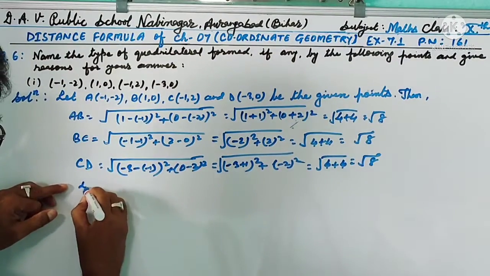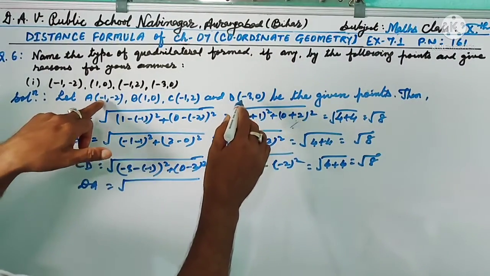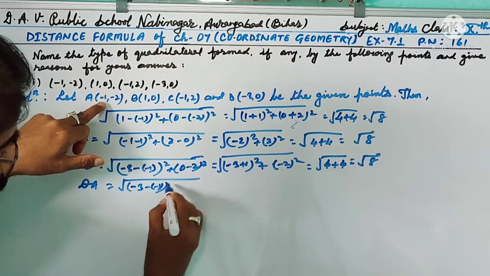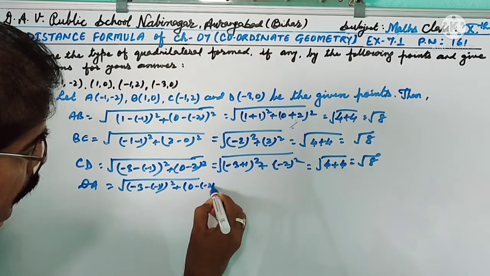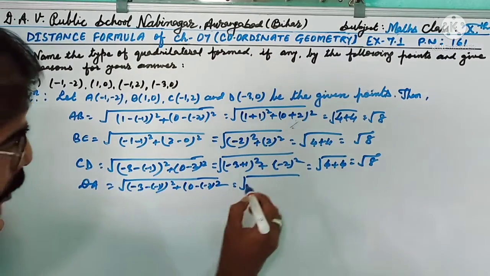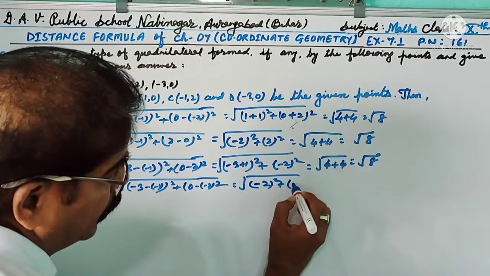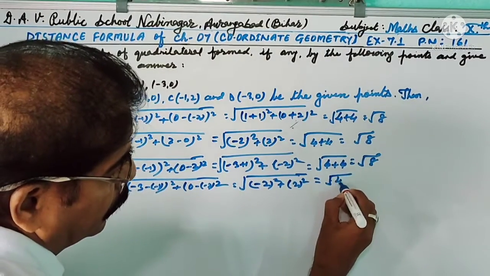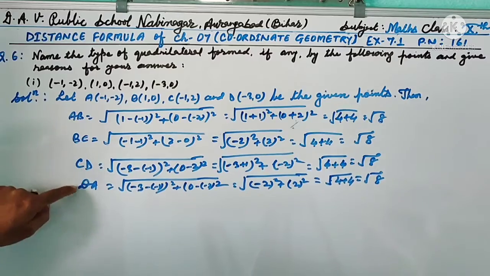And DA equal to square root of (-3 minus -1) square plus (0 minus -2) square, that is (-2) square plus 2 square, 4 plus 4, equal to 8. So AB equal to BC equal to CD equal to DA.